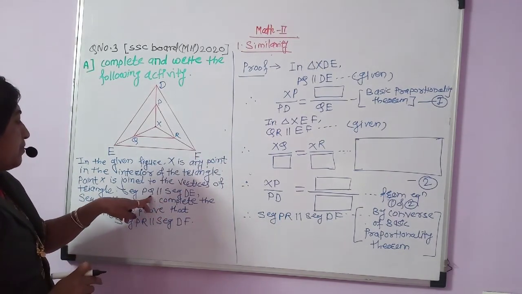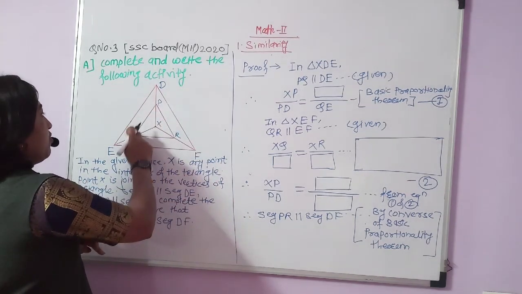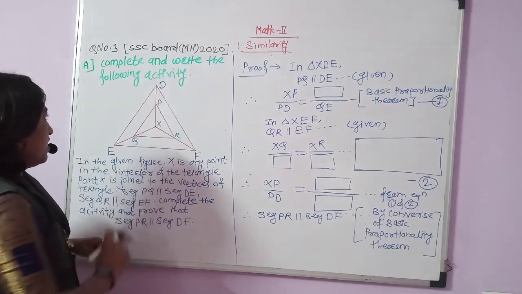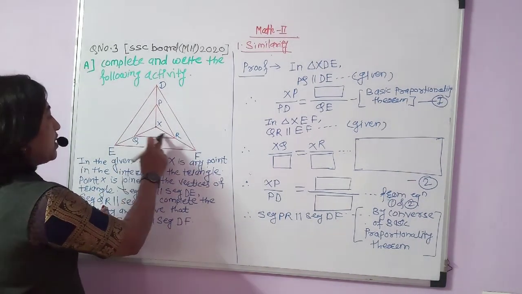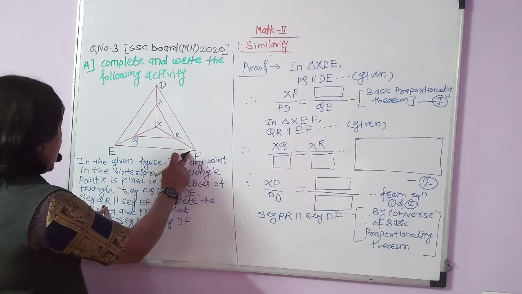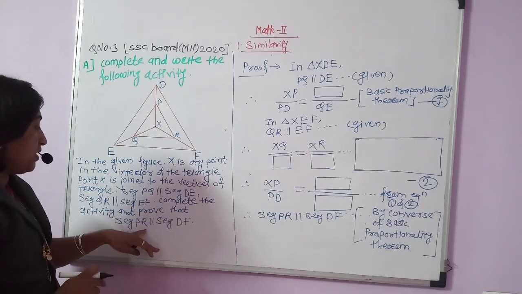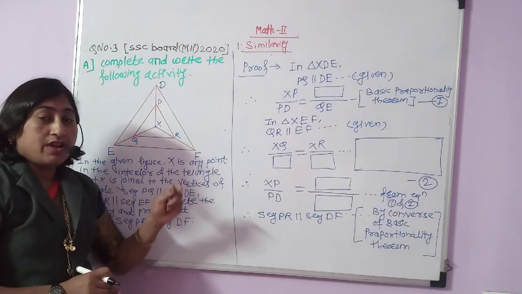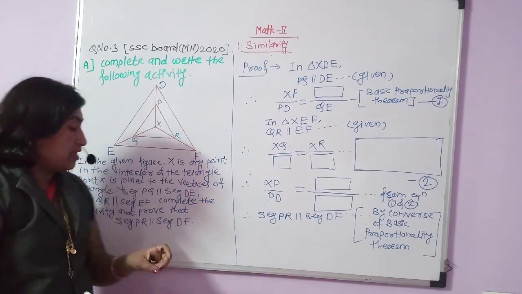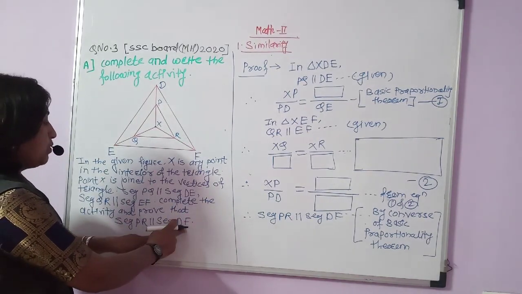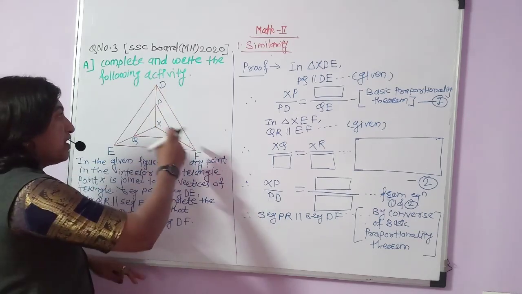Again, seg PQ is parallel to seg DE. Then seg QR is parallel to seg EF, and complete the activity and prove that seg PR is parallel to DF. That means this seg PR is parallel to seg DF.